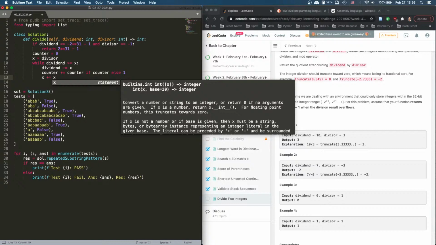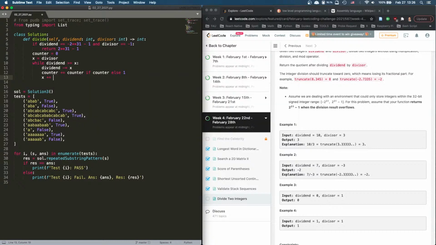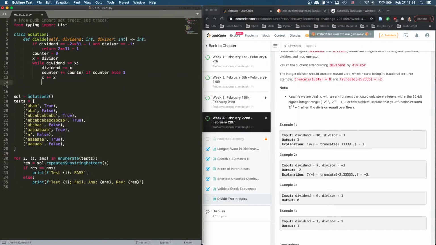And then we're going to keep going until we fail, until our dividend is minus this when we update counter and x double, and then it's out, then we can return counter.